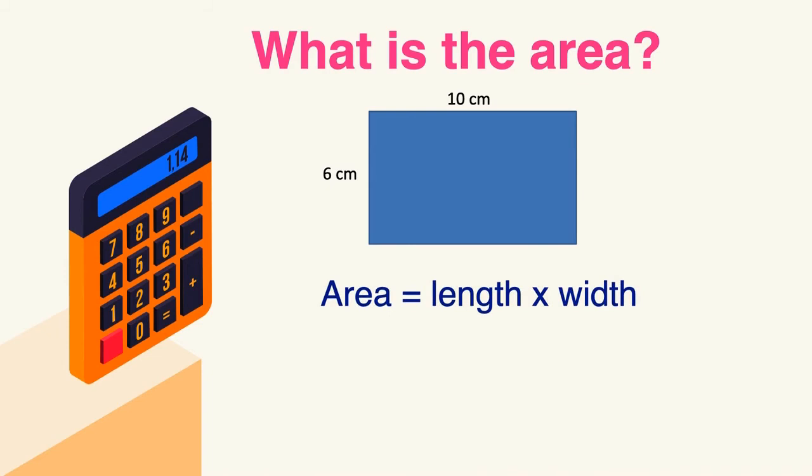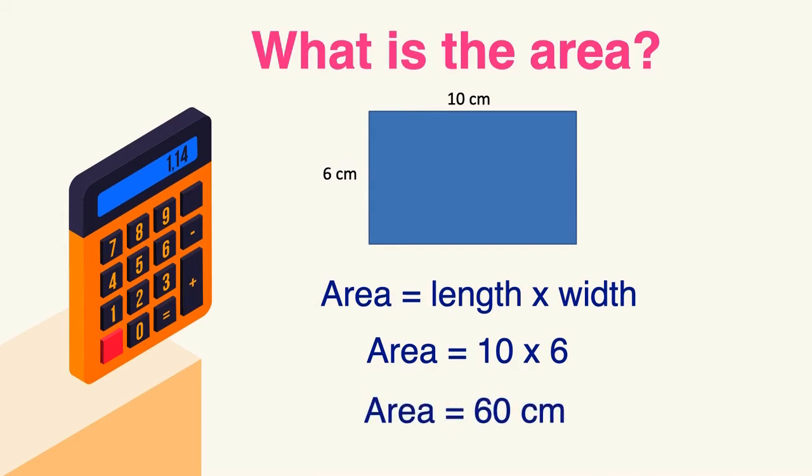That means 10 times 6. 10 centimeters represents our length and 6 centimeters represents our width. Once we multiply those factors, our product is 60 centimeters. But not just 60 centimeters. That's right, boys and girls, 60 square centimeters.